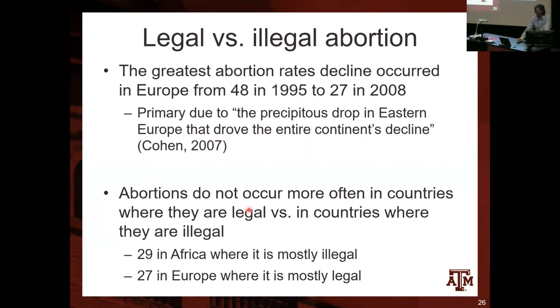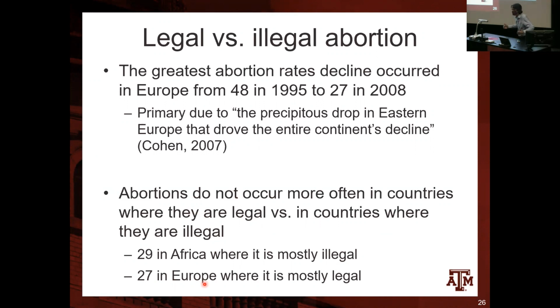Abortions do not occur more often in countries where they are legal versus in countries where they are illegal. It's exactly what I was talking about before. The rate of abortion is 29 abortions per 1,000 women in Africa, where abortion is mostly illegal. And it's 27 abortions per 1,000 women in Europe, where it is mostly legal.